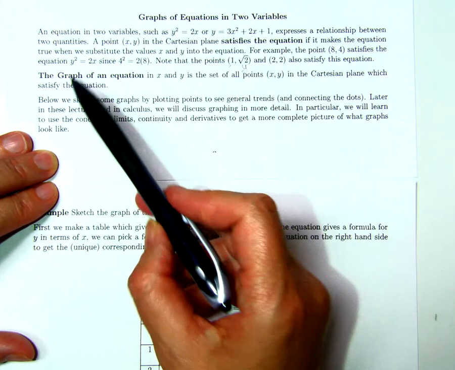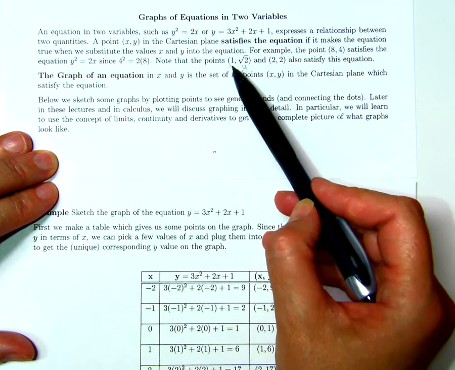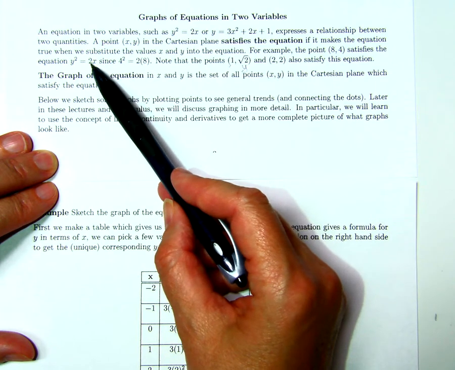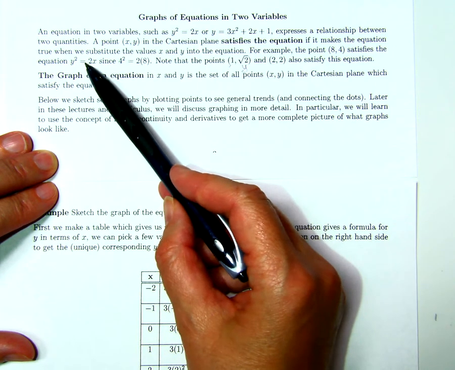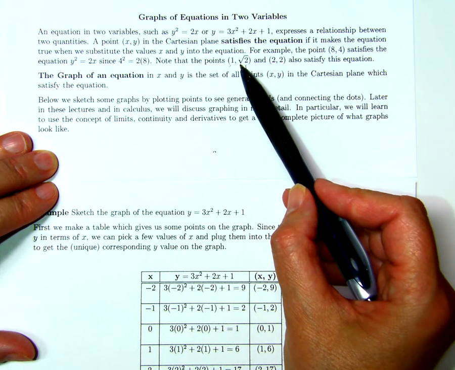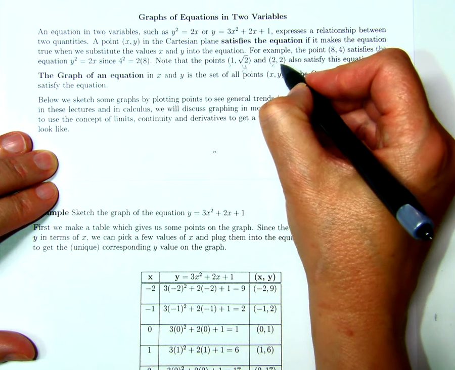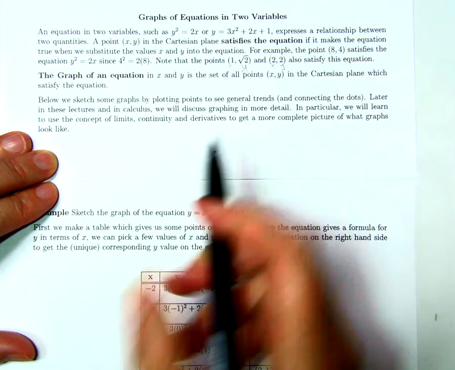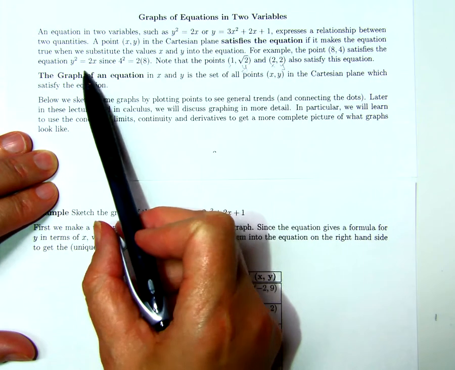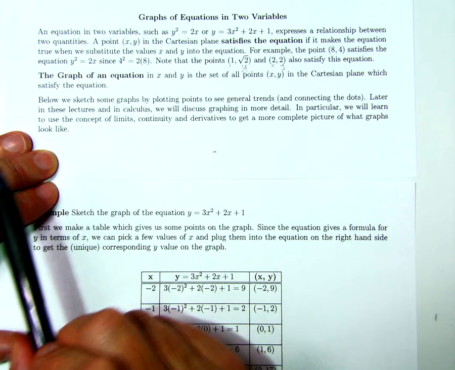With y equal to the square root of 2, I get y squared is 2. And with x equal to 1, I get 2x equals 2, and those two numbers are equal. So I get a point which satisfies the equation. Similarly, if I let x equal 2 and y equal 2, I get y squared is 4 and 2x is 4, so this point satisfies the equation.